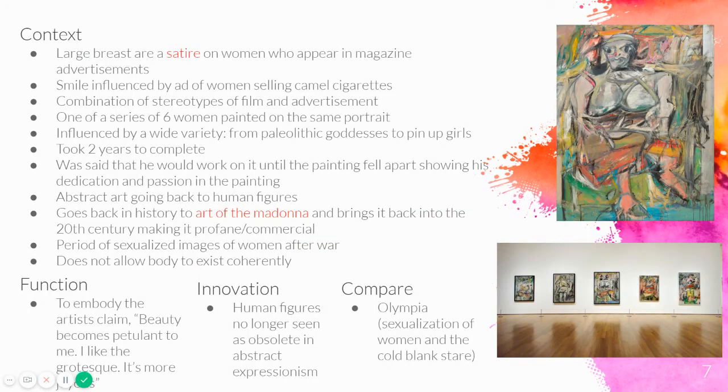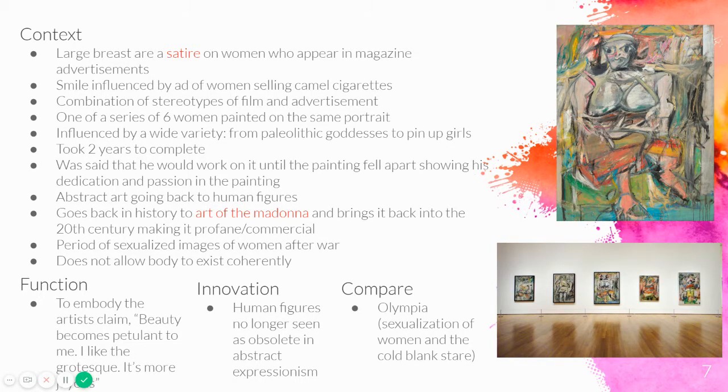In terms of context, it's important to know for this painting, this William de Kooning, that this is actually part of a series. Okay, so this is one painting of a series, and this is part of his commentary about their satires on women who appear in advertisements.